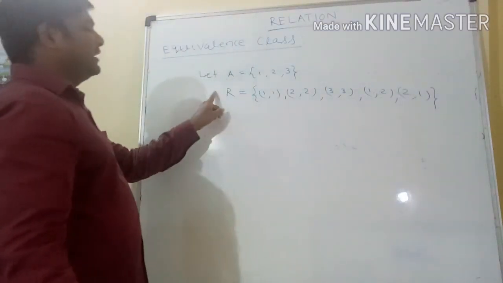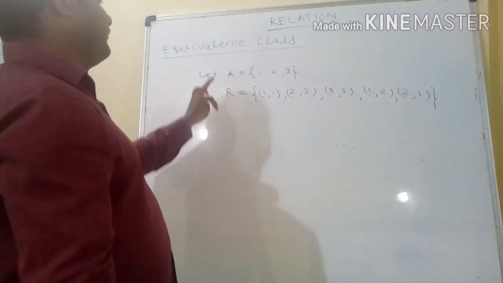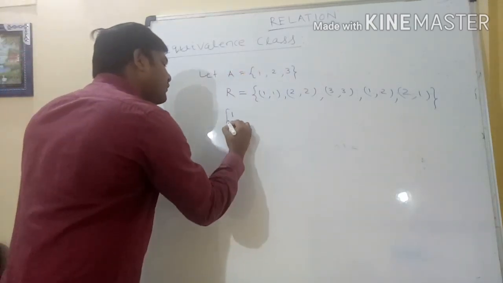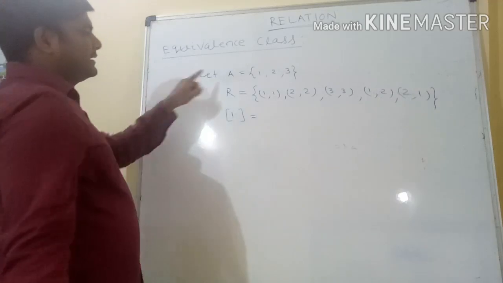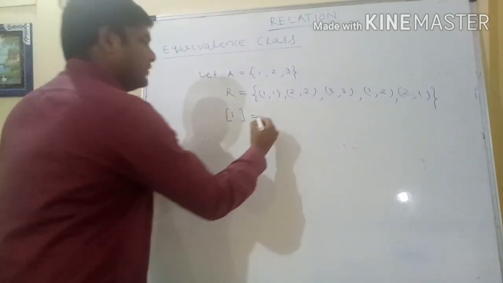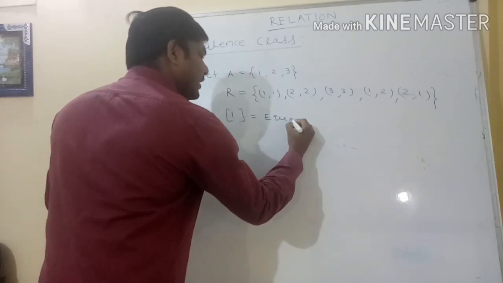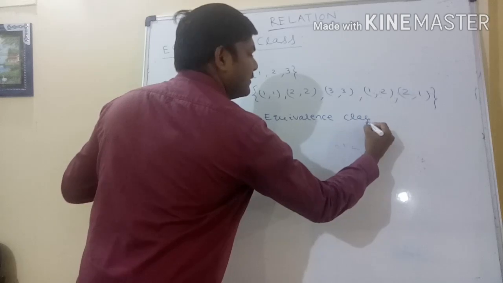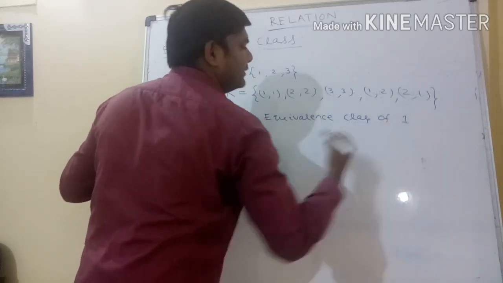Now see, this relation is an equivalence relation defined on the set A. So what will be the equivalence class of 1? Since A has an element 1, this is called the equivalence class of 1.